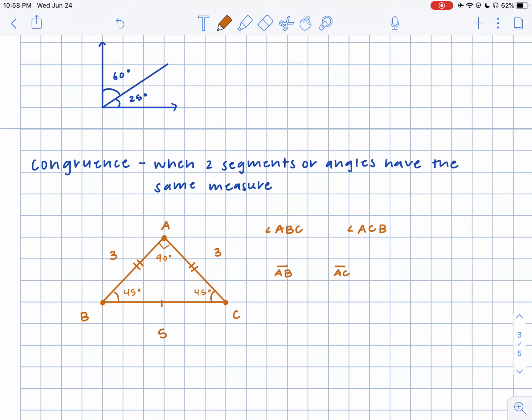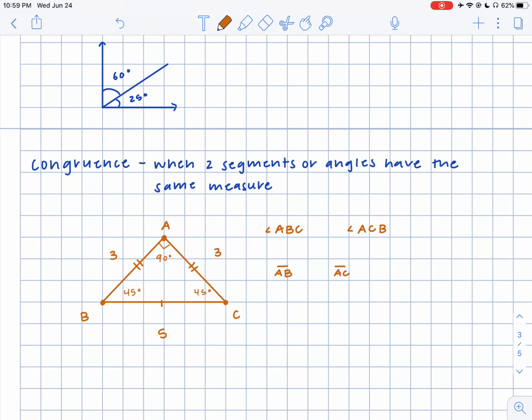And this other angle, 90 degrees, does not have the same measure, so we could give it 2 arcs or something. One thing to keep in mind is that congruency does not necessarily mean equal, and you'll see why later, but just be careful. Congruent and equal are not synonymous.